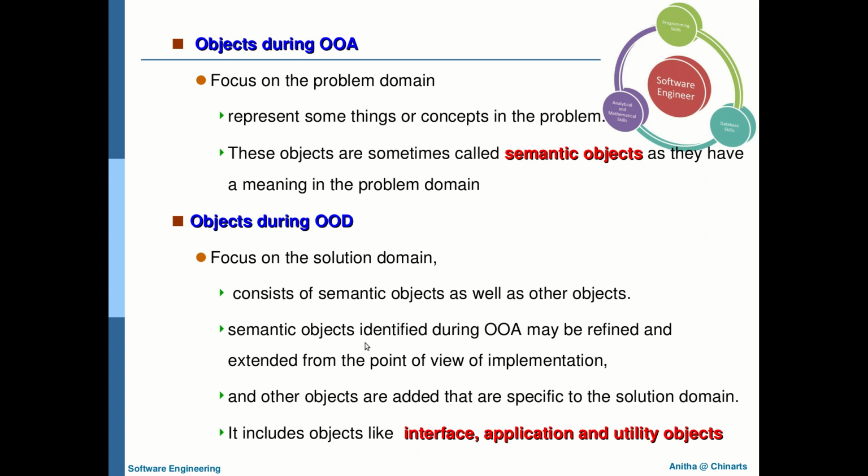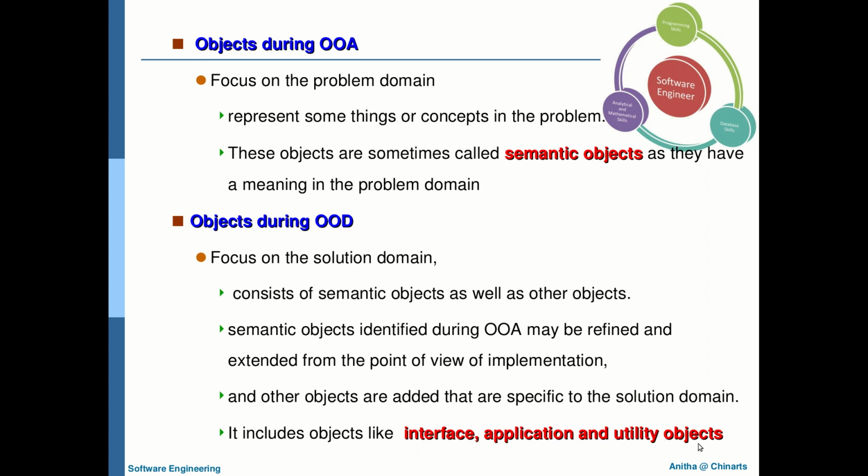And these semantic objects identified during object-oriented analysis will be refined, and can be extended from the point of view of the implementation. So how I am going to solve the problem, based on that these objects will be refined. And other objects will also be added which will be specific to the solution domain. It will include objects like interface, application and utility objects.